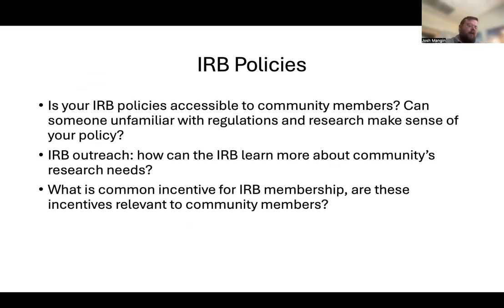I think we almost need to practice what we preach sometimes and do the same due diligence about communicating our own policies in an understandable manner to community members. In addition, the IRB will need to learn more about communities' research needs. So what does that look like? I understand it can be difficult. IRBs may have limited resources. But again, is there some flexibility in how we can best learn about those community needs?